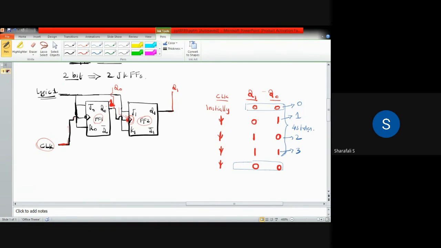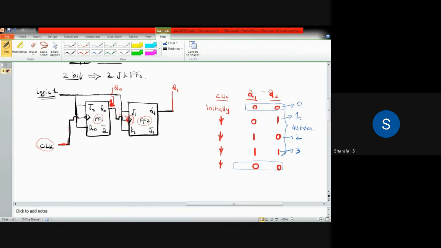Okay, so this we already discussed when we differentiated the synchronous and asynchronous counter. From here we can see that when we consider the asynchronous counter or the ripple counter, we have a fixed count sequence. A fixed count sequence is possible in the case of an asynchronous counter.